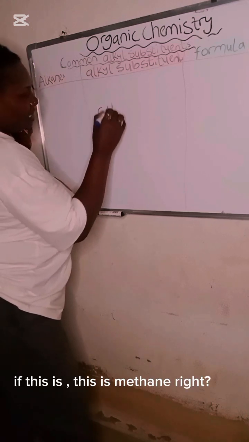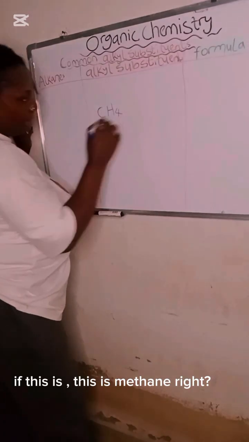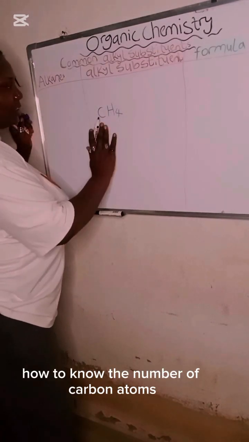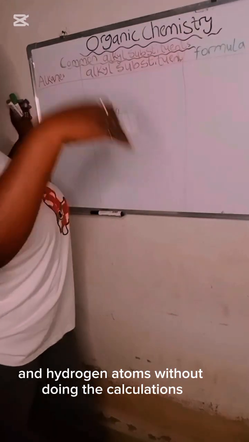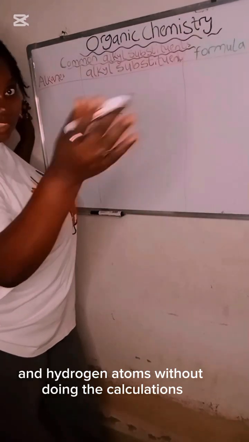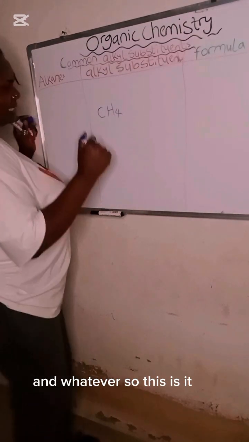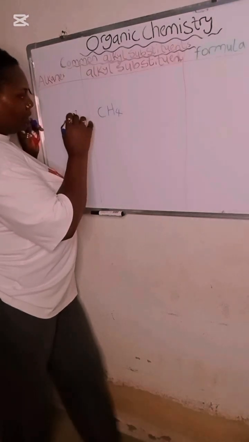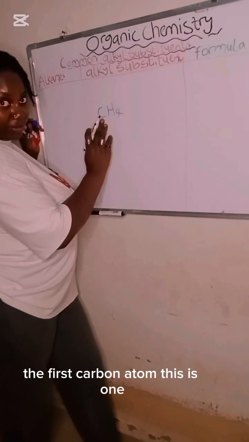If this is methane, what I want to show you is how to know the number of carbon atoms and hydrogen atoms without doing the calculations. I will say this is the first carbon atom. This is 1.